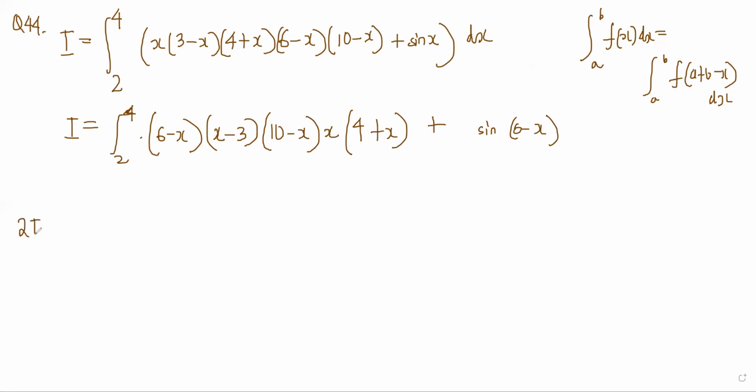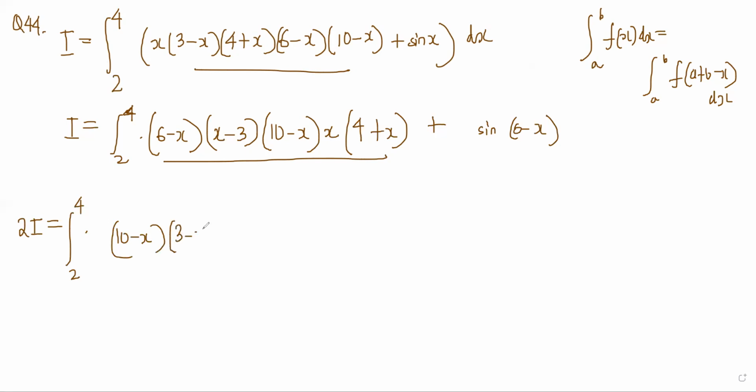If I add both the versions of I, with limits 2 comma 4, what are the things that are common? We can say 10 minus x common, 3 minus x common, x common, 6 minus x common. It's actually the same thing except there is a minus sign.